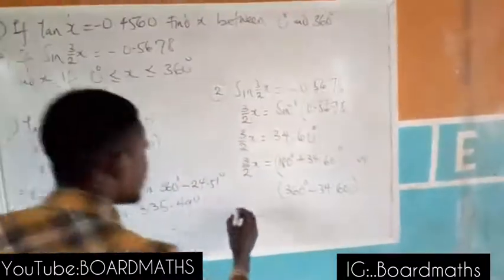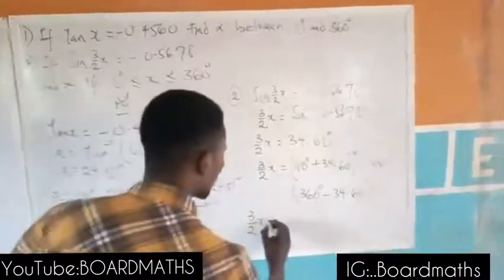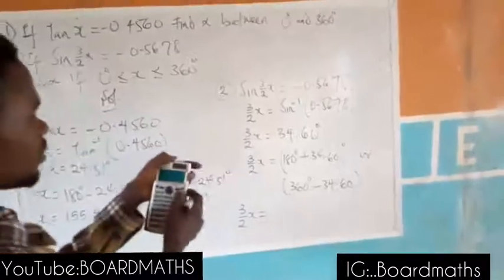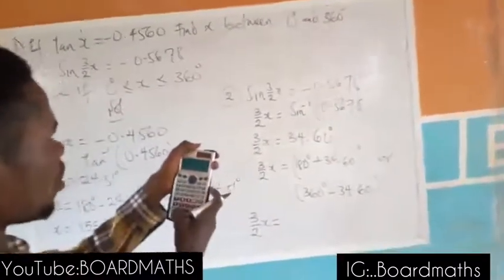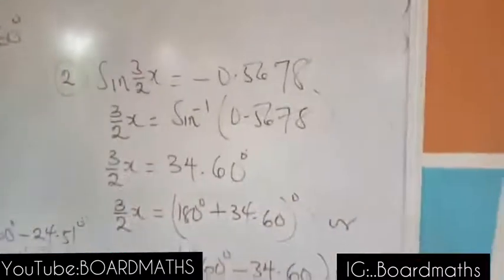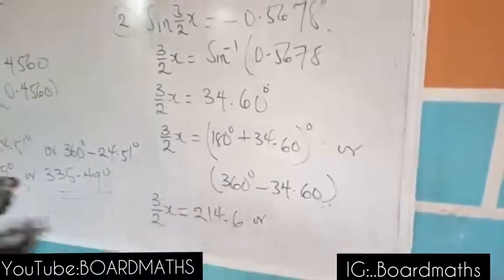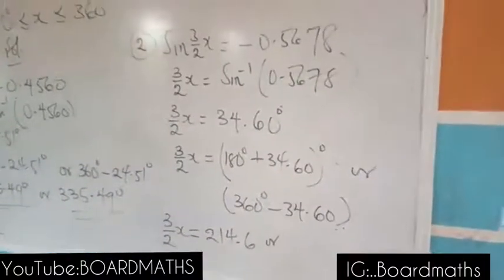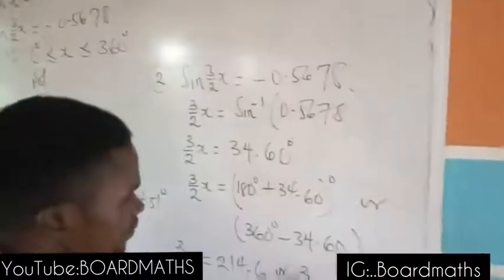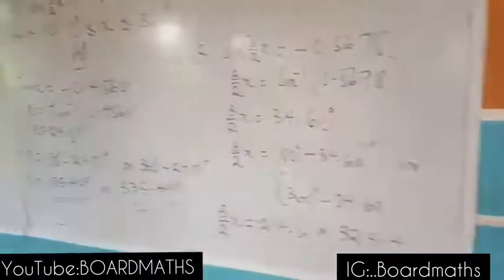Now 180 plus 34.60 is 214.6, or 360 minus 34.60 is 325.4. So let's continue question number 2.